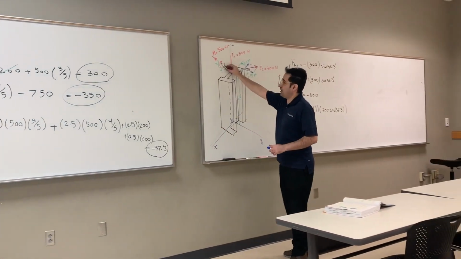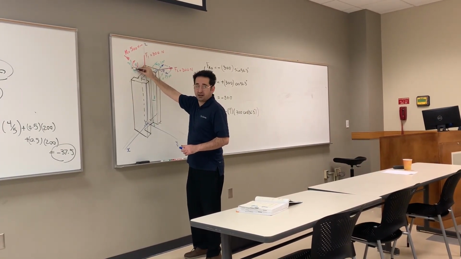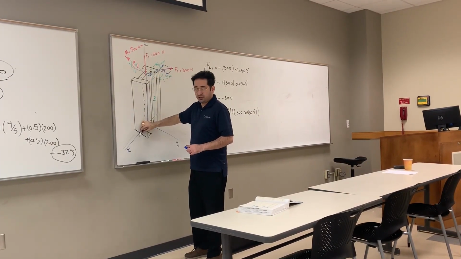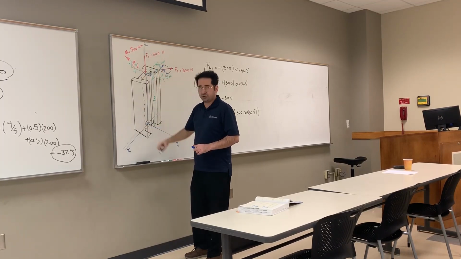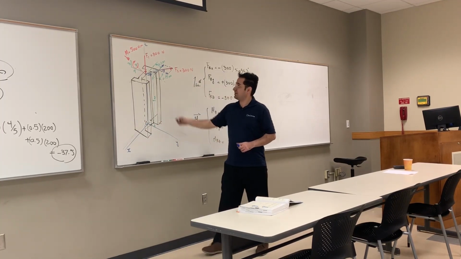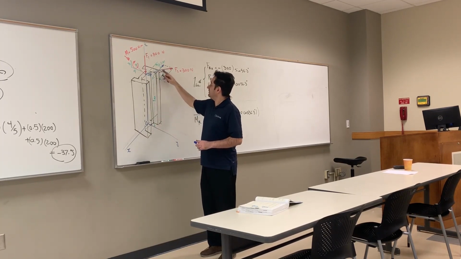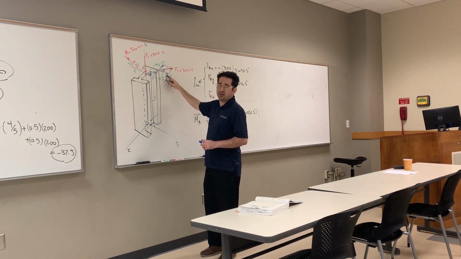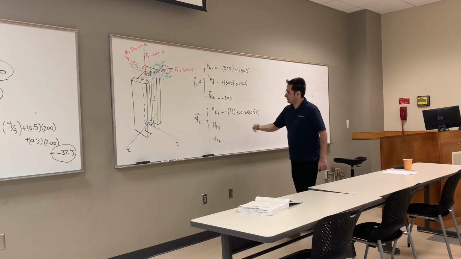But look, this one is either in the Z or in the Y, the ZY plane, so it has no contribution to X. That's why we ignore it. This one goes through X, so the moment is 0. This one is parallel, so the moment is 0. The only thing that remains is the one we did, so you can check mark it.